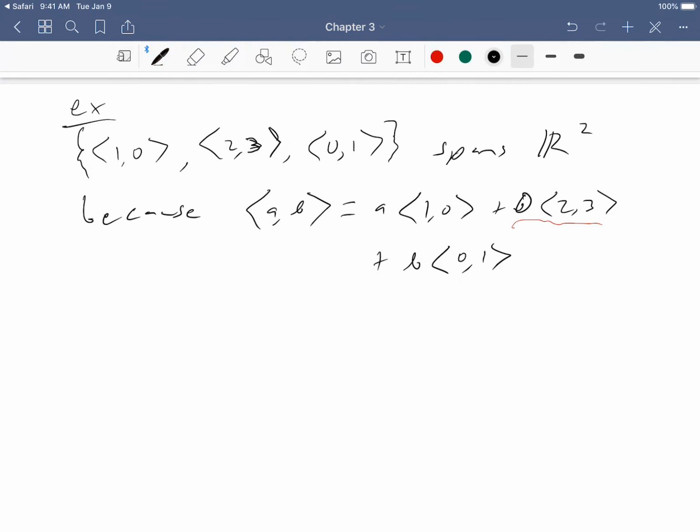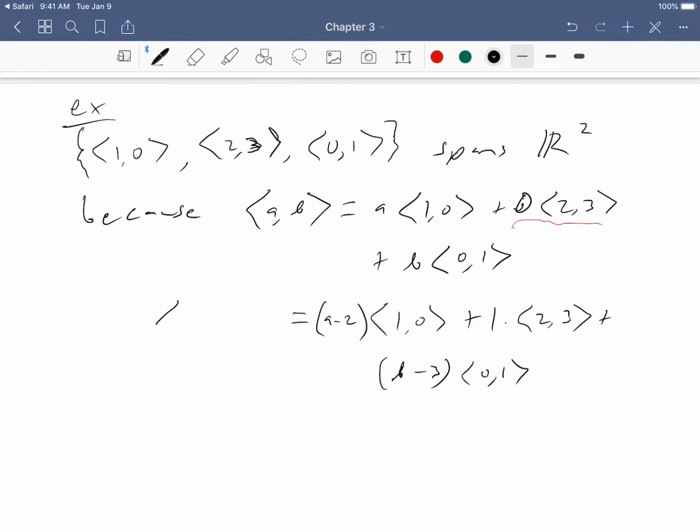I could use it. I could instead try to use one of the (2, 3) vectors and see what we need. Then I think a minus 2 will work for the (1, 0), and b minus 3 times the (0, 1) vector.